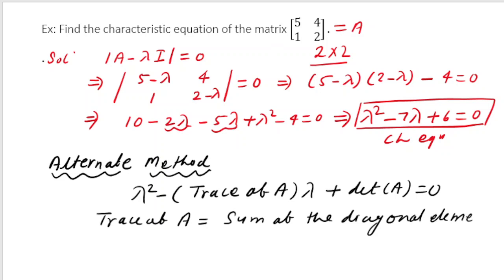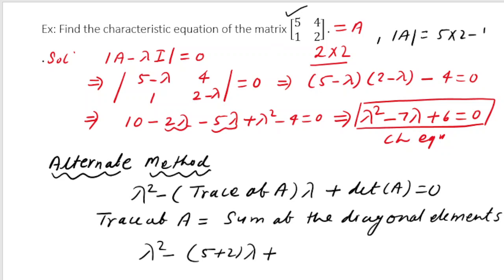So if I have to write the characteristic equation of this matrix, I will write lambda square minus trace of A, where the diagonal elements are 5 and 2, so the sum is 5 plus 2, times lambda, plus determinant of A. The determinant of A is 5 into 2 minus 4 into 1, that is 10 minus 4, which is 6. So I get plus 6 is equal to 0.